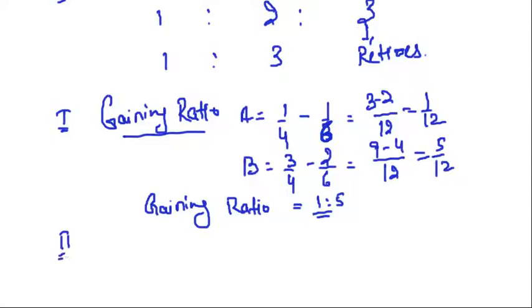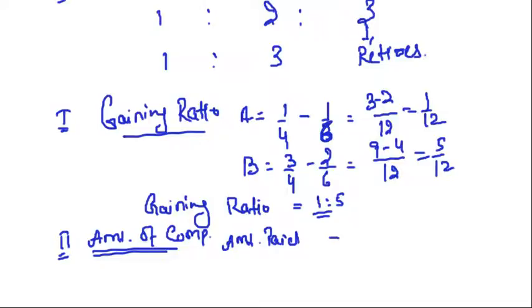Now, second, amount of compensation. What is the amount of compensation payable? What is actually being paid to him? Amount paid is 2,50,000, whereas the amount due was 2,20,000.